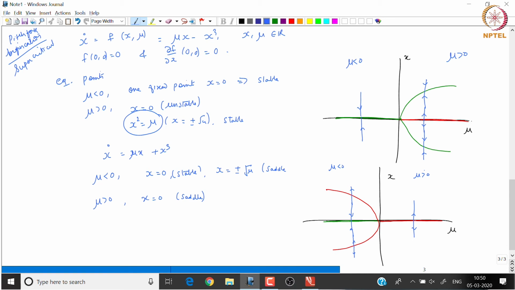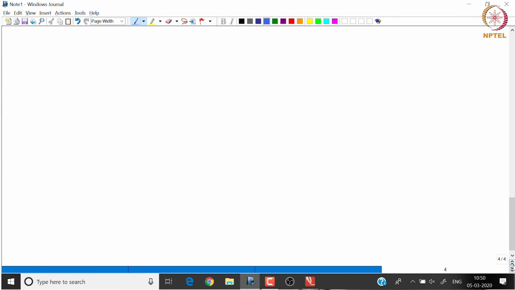Okay, we will not do the Hopf bifurcation, that's the 2-dimensional case. We will stick to the 1-dimensional case, and what we will try to find is, given a set of equations x dot equal to f of x and mu, can I derive certain necessary and sufficient conditions which will ensure or rule out the presence of certain bifurcation points.